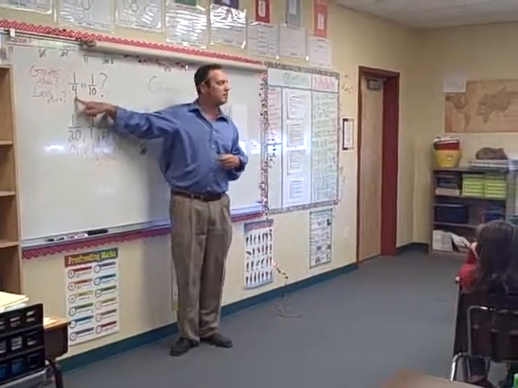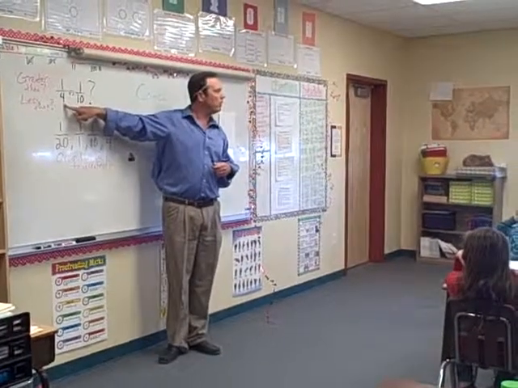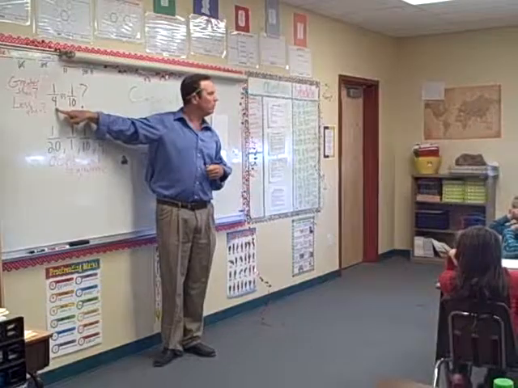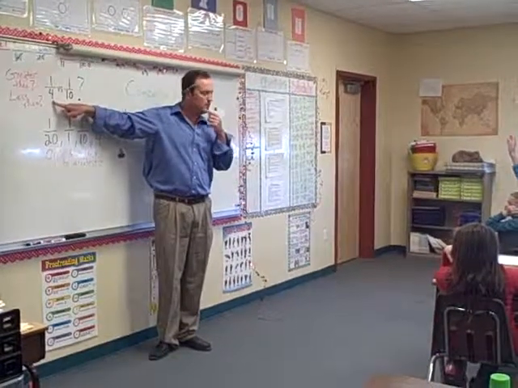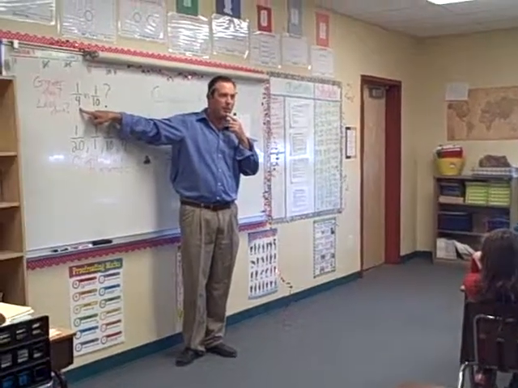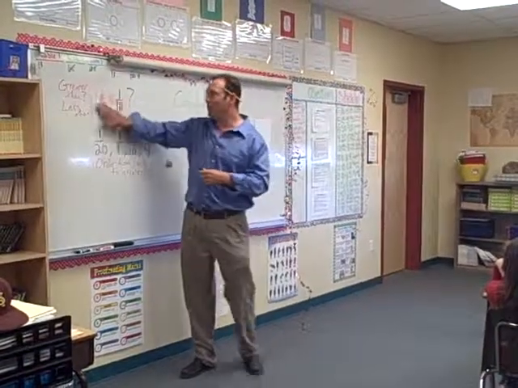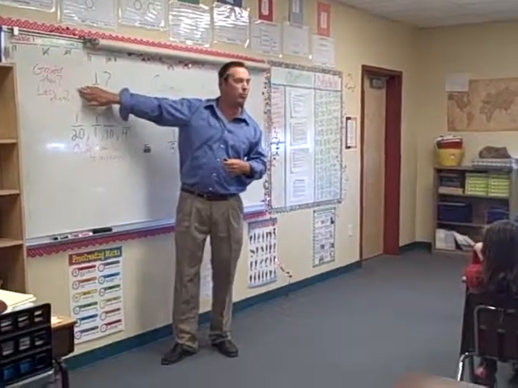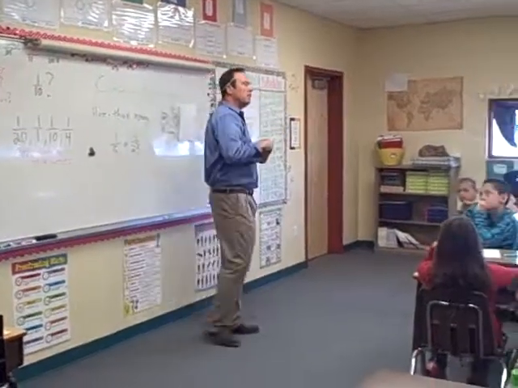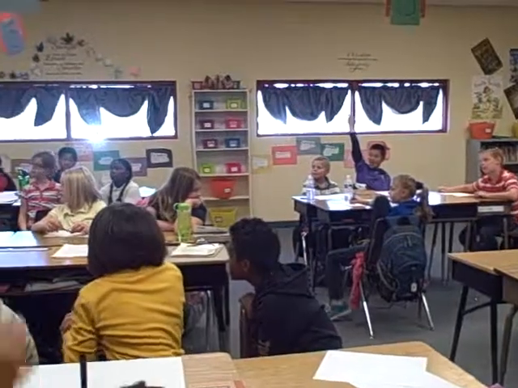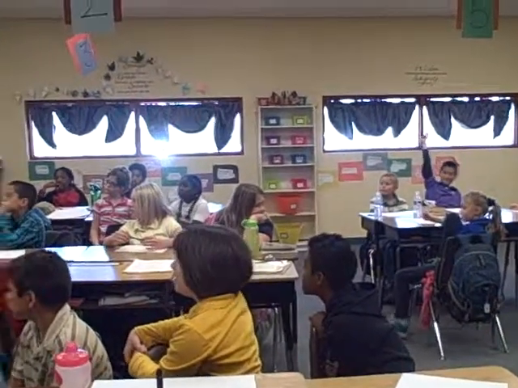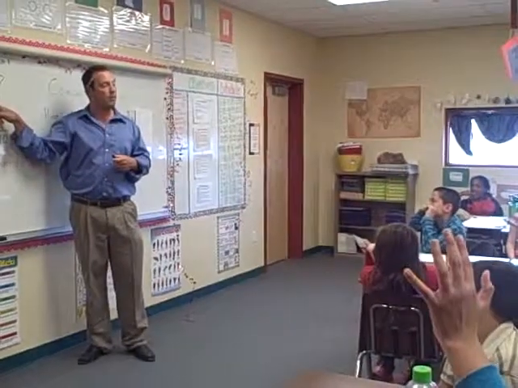If we're talking money, since we're always talking money, 1/4. What do we call the coin that's worth a quarter? A quarter. Love it. How about 1/10? What do we call that? A dollar. A fraction is part of a whole.